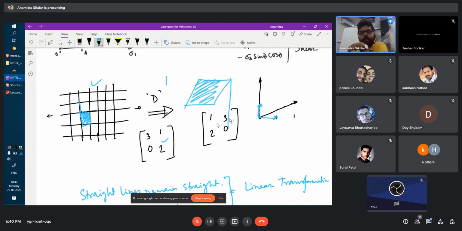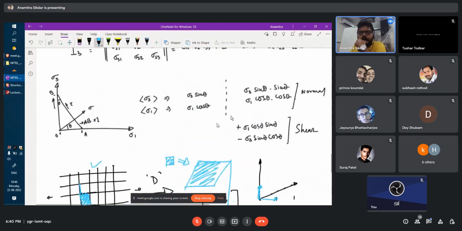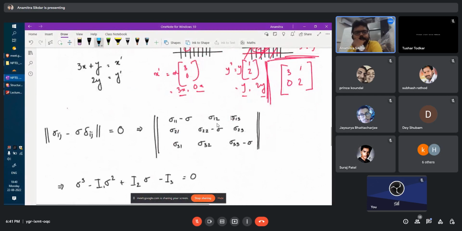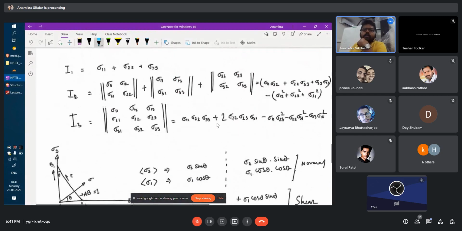So this entire body becomes something like that after the operation of this stress matrix. Are you getting it? Yes, sir. Okay.